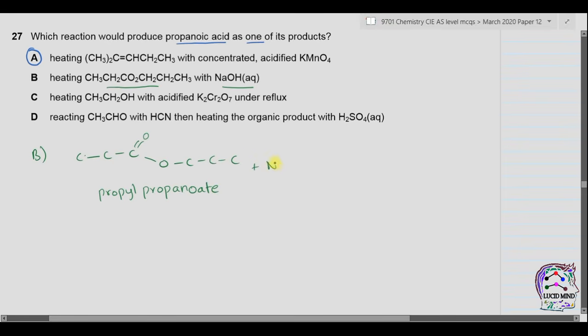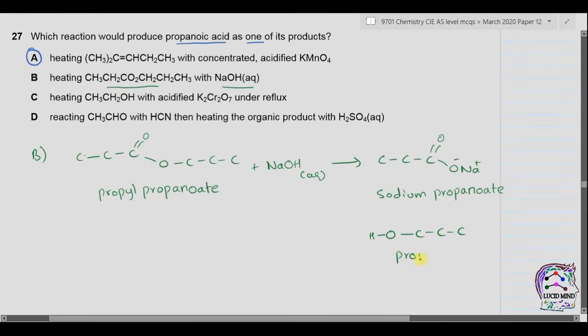And in the presence of aqueous sodium hydroxide, it will be hydrolyzed into sodium propanoate and propanol, or you can say propan-1-ol.